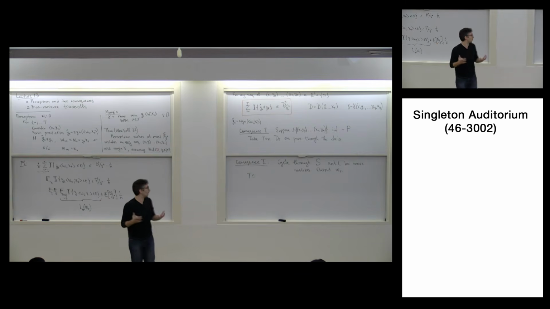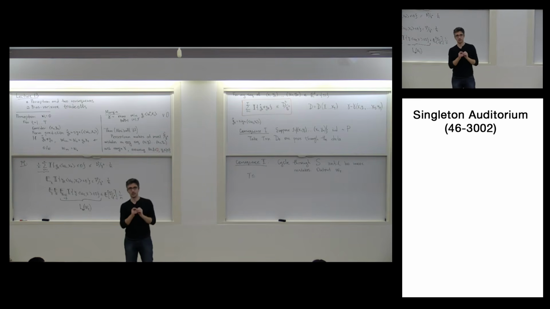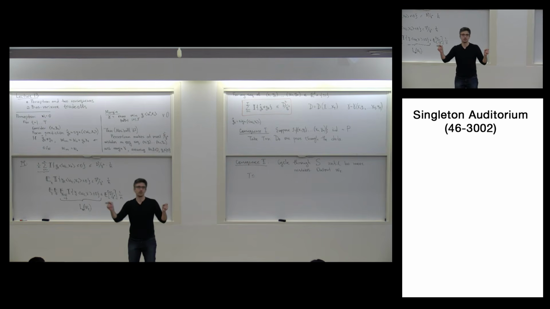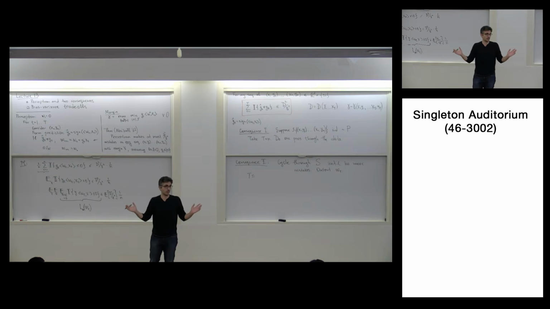So I know that I will make at most 1 over gamma squared mistakes, or d squared over gamma squared mistakes. That's my budget. The worst thing that can happen is that I go through the data and make 1 correction. Then I go another time through the data and make 1 more correction. That's the worst thing that can happen. Because if I go through the data and make no correction, then I'm correct on the data, and I will not do anything from that point on.